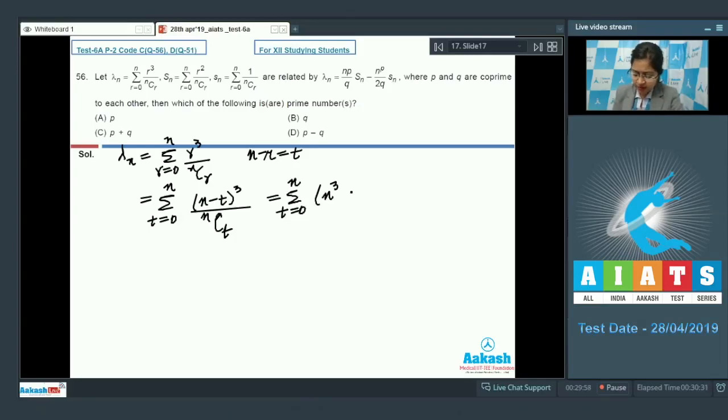Expanding it, we will get n cube minus t cube minus 3n square t plus 3n t square, whole divided by nCt.